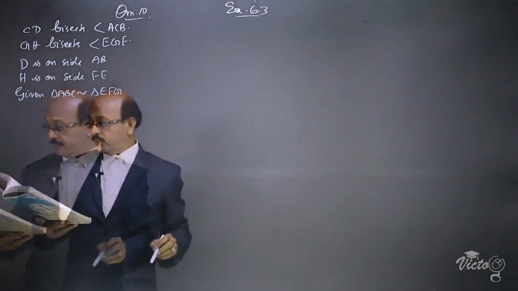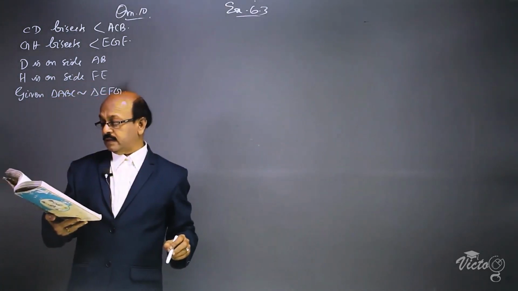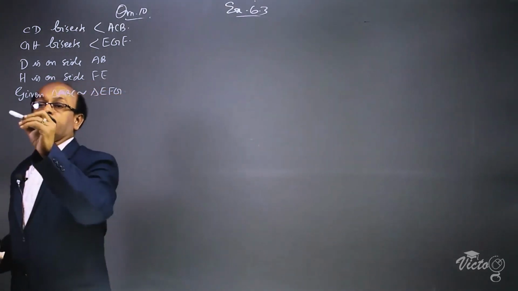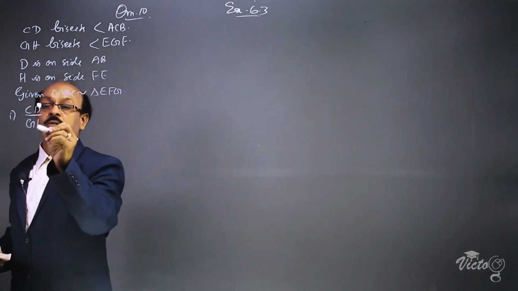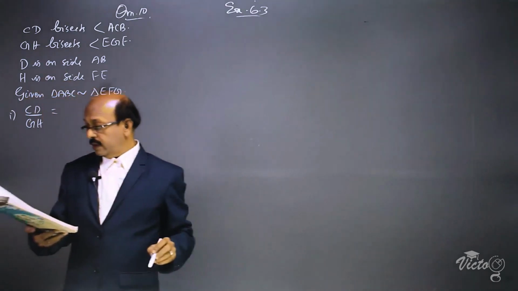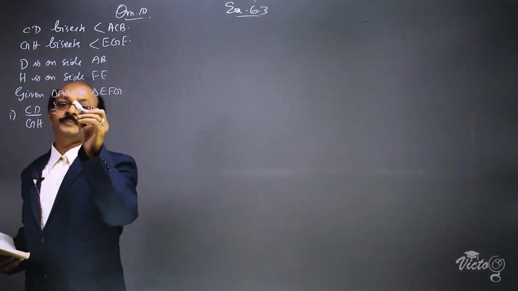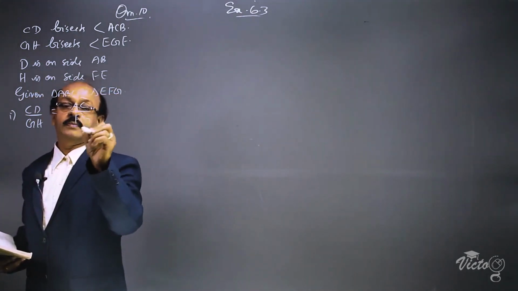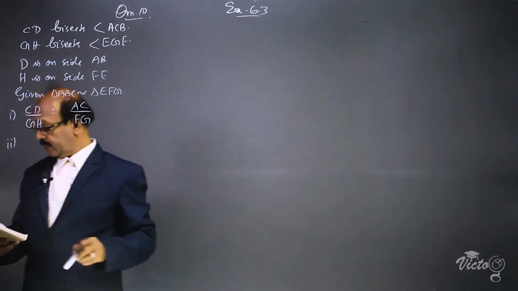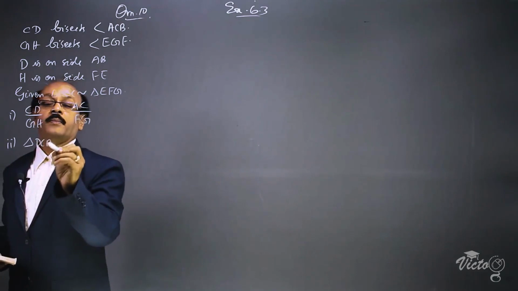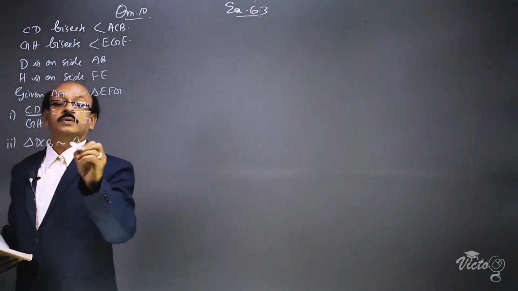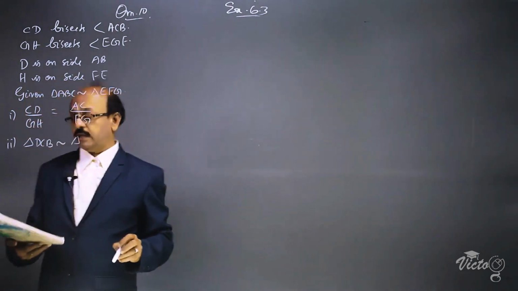It is given. First part we have to prove is CD by GH is equal to AC by FG. Then second part is triangle DCB is similar to triangle HGE.